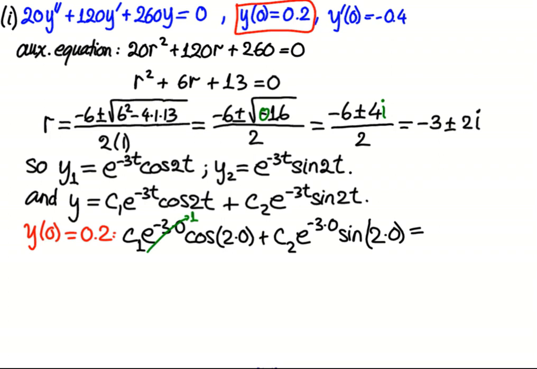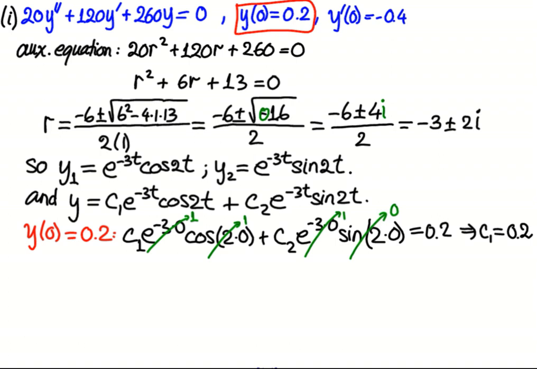Cosine of 0 is 1. e to the 0 power is 1. Sine of 0 is 0. So the function is equal to 0.2. So we make that equal to 0.2, and with everything cleared, we have c1 is equal to 0.2.